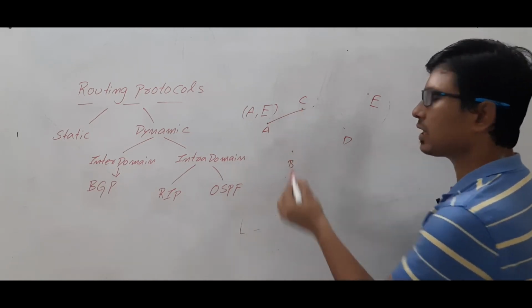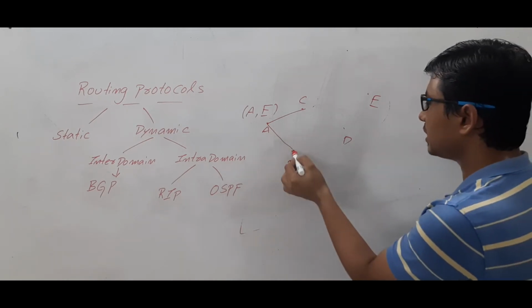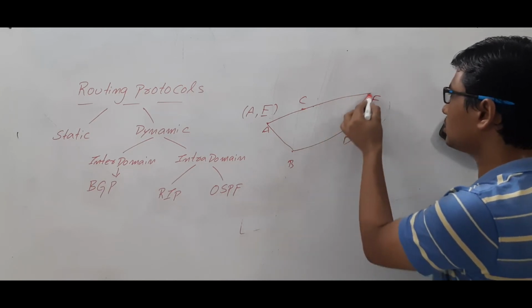You will send the packet to C and also to B. Then B will send to D, and C will send to E, and D will also send to E.